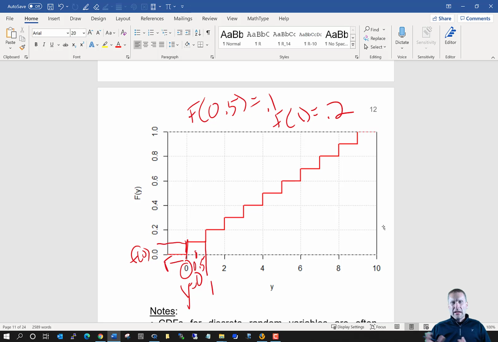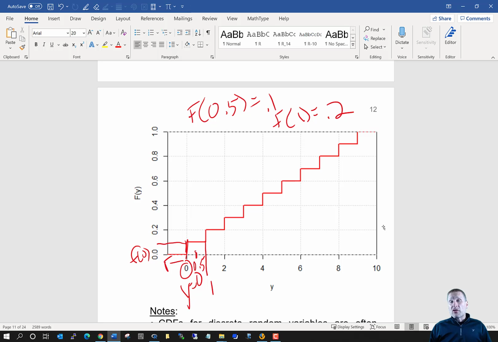And so we see an interesting function plotted here, where it's almost like stairs. I go up these stairs as I accumulate these probabilities, as I increase my y. But I don't go up to another stair until I get to a possible value of y that I can actually observe. And so you see this as stairs.